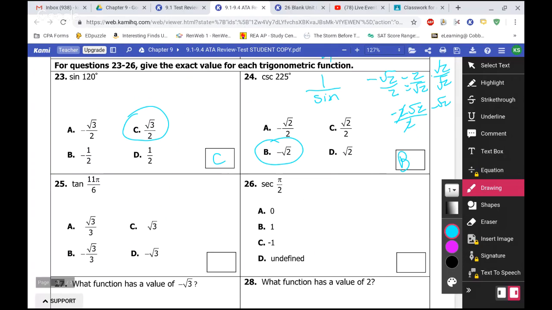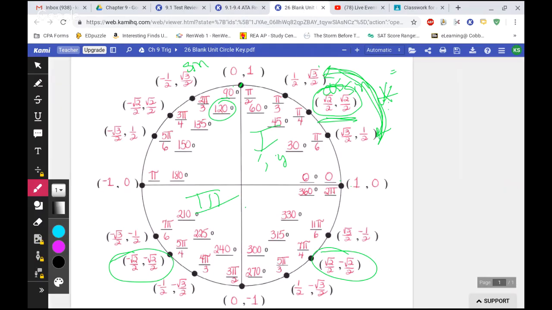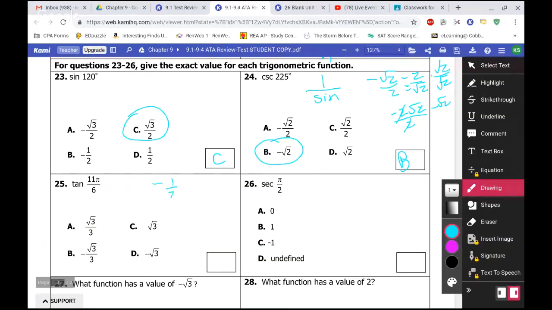Okay, so tan 11 pi over 6. That's going to be in my fourth quadrant, and it's tan, so that's y over x. So negative 1/2 over root 3 over 2.